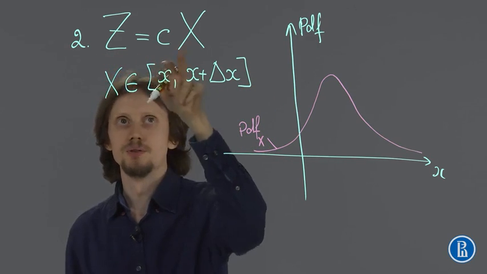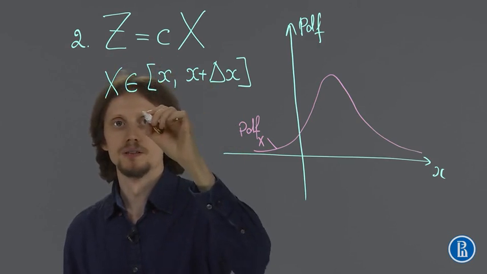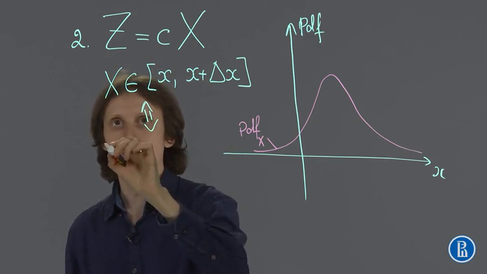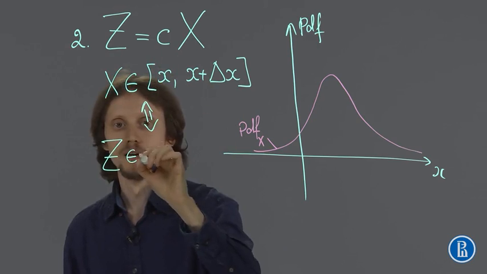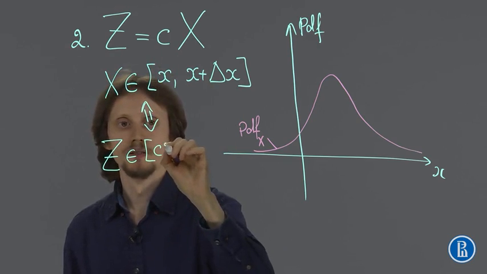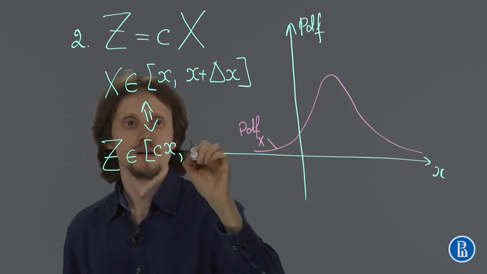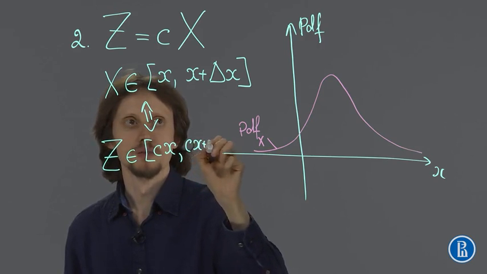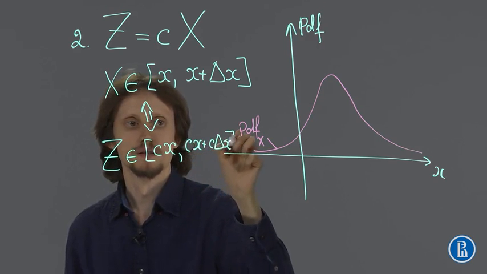As z is equal to cx, this event is equivalent to the event that z is in the segment from cx to cx plus c delta x.